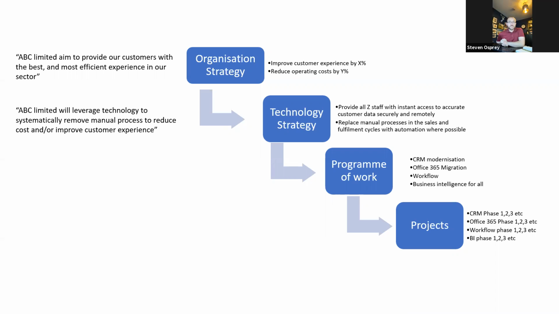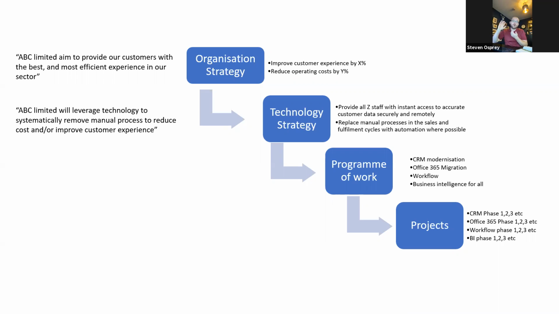Underneath that technology strategy, this is where the meat of digital transformation happens, and that's in what we call a program of work. I've heard people call that their digital transformation program or various other names, but effectively that's the overarching governance model that looks after multiple projects typically.